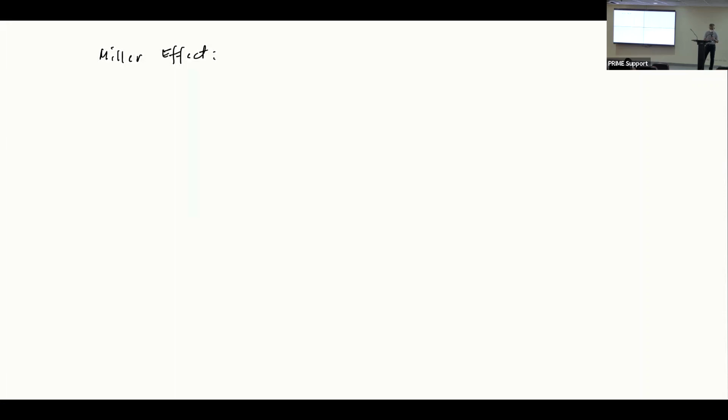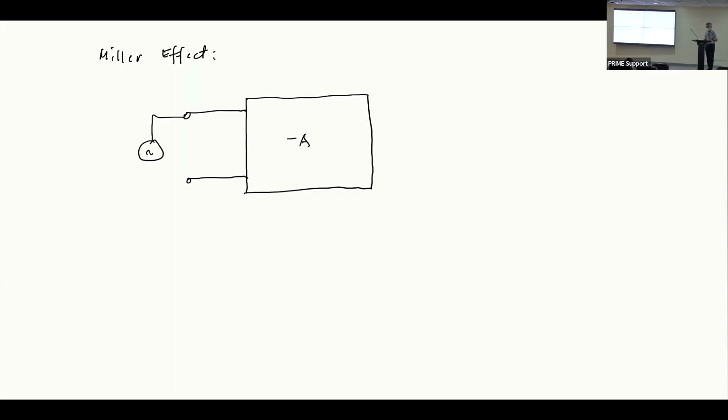If I have an amplifier and the gain of my amplifier is negative A, in other words, let's say I have an input signal here, and let's say this is V sub I. And let's say this is V sub O. So I have an amplifier whose gain is negative A. What will happen if I put a capacitor between my input and my output?